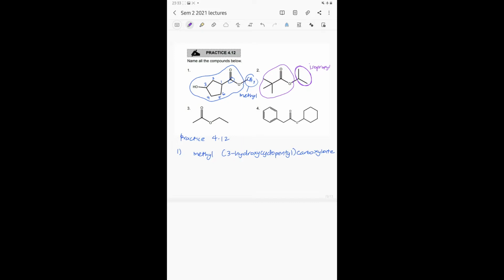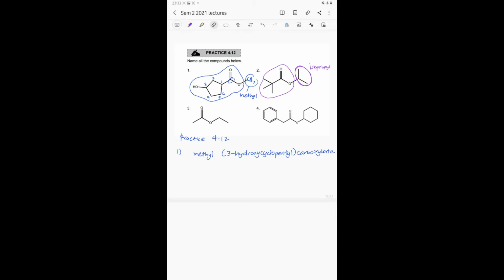So you cannot give a name right here, this one ester butyl, because we need to have more substituents. The greater the number of substituents, the better the name. Okay, the more branches, the better.